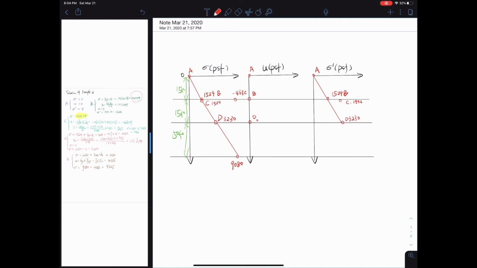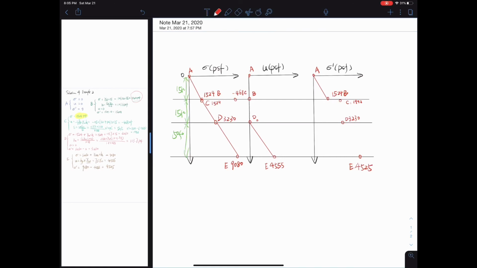And for the pore water pressure, we calculated 4555, and we plot it here. And for the effective stress, 4525 for point E. Oh, I'm sorry, this is not right.